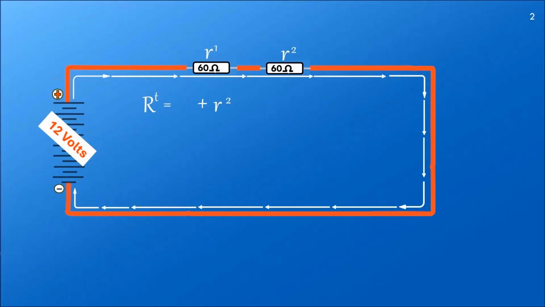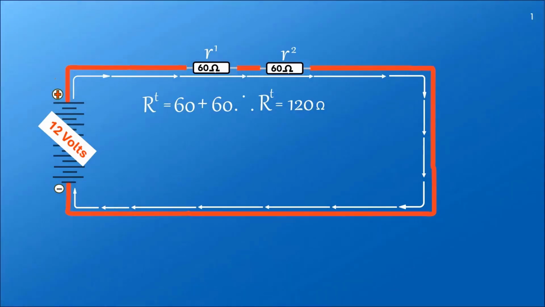R1 is 60, and so is R2. Let's do the maths. RT equals 60 plus 60, therefore RT equals 120 ohms.